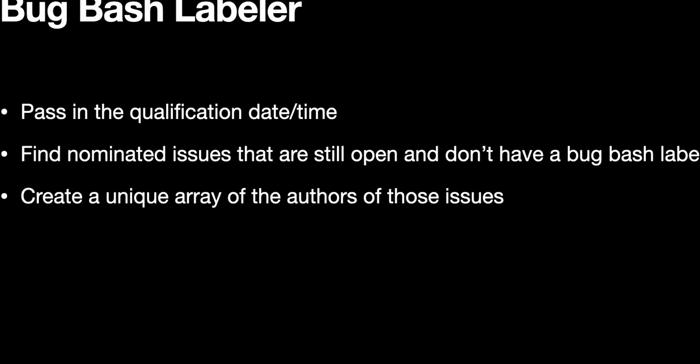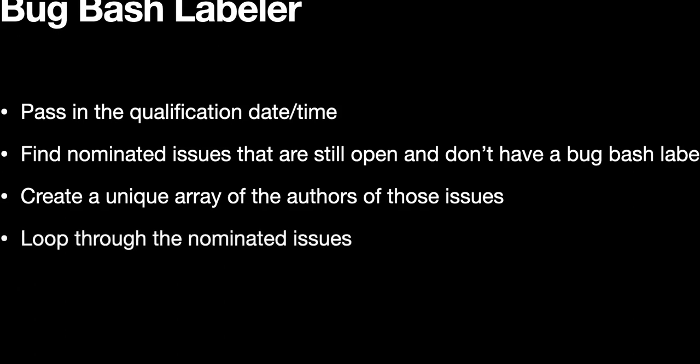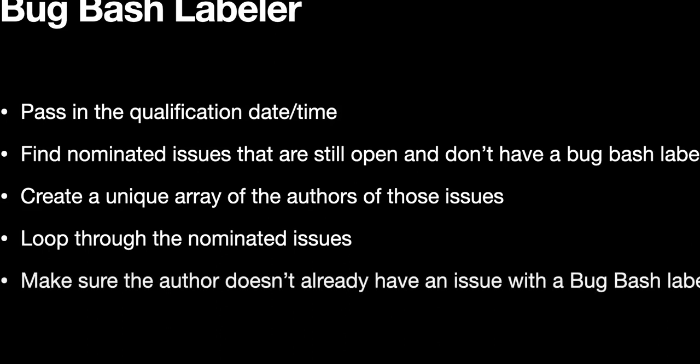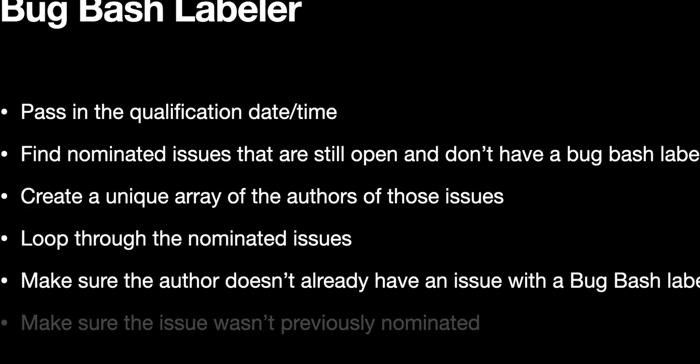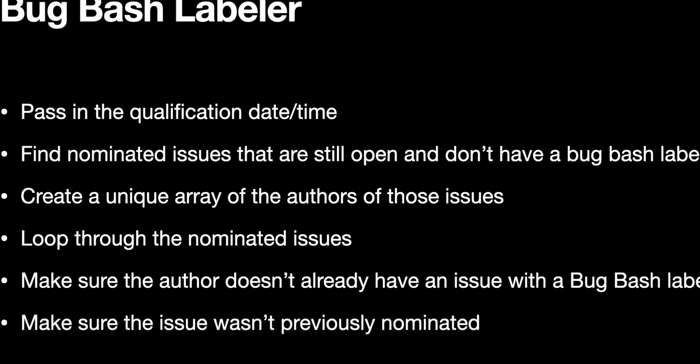Create a unique array of the authors of those issues. Basically, we don't want someone to have a bug bash label on more than one issue at a time, right? So loop through the nominated issues and make sure the author doesn't already have an issue with a bug bash label. Finally, make sure that the issue wasn't previously nominated and then add the bug bash label.